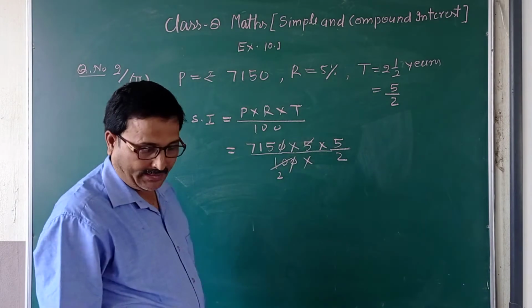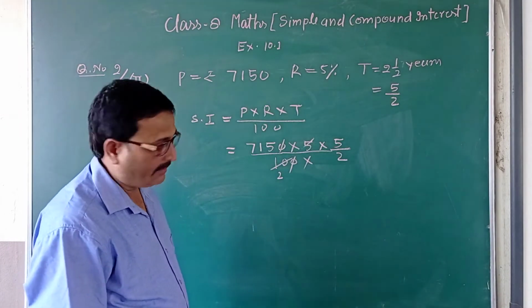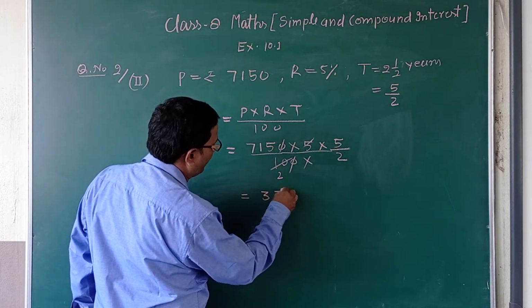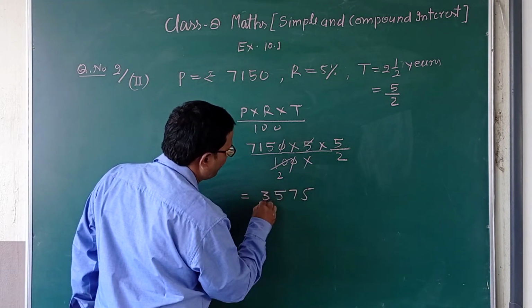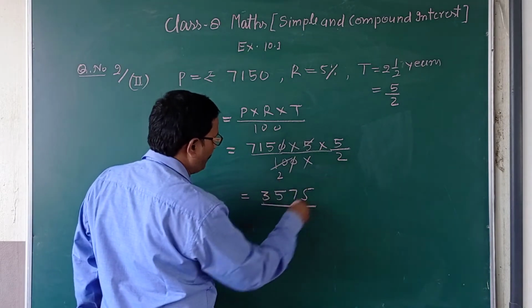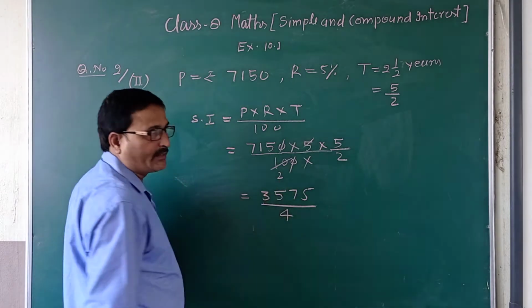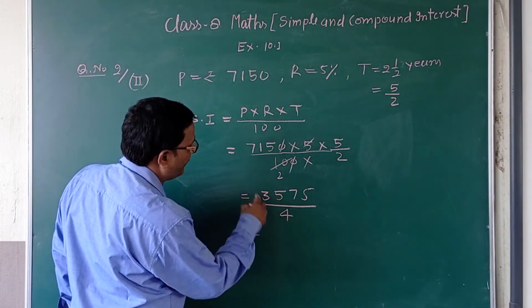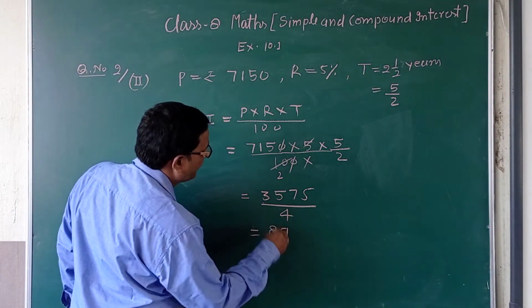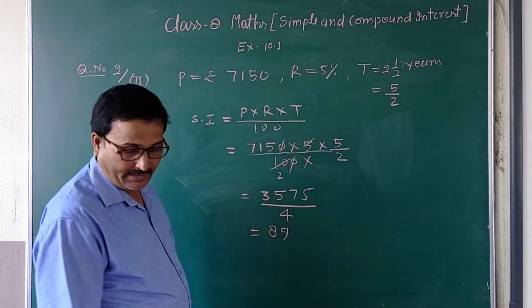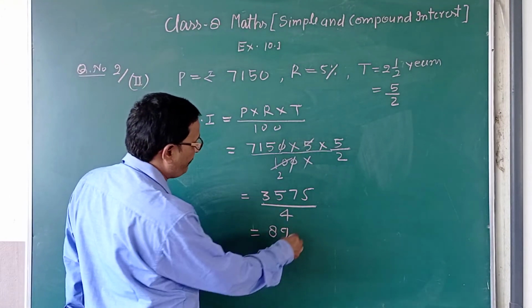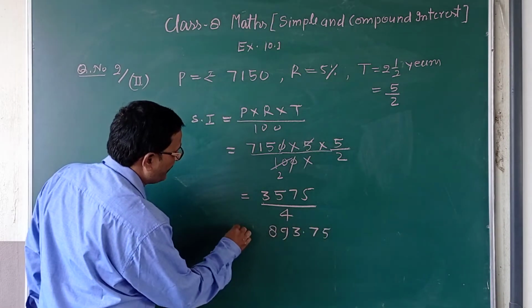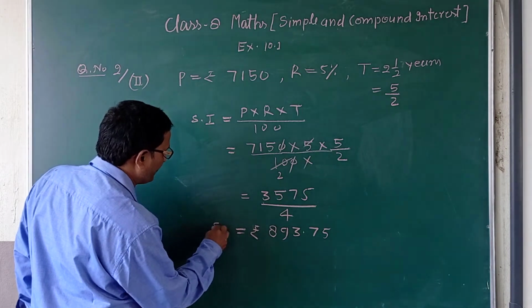When you multiply, it will come 3,575. 2 2s are 4, divided by 4. When you divide, it will come 893.75. That is the simple interest.